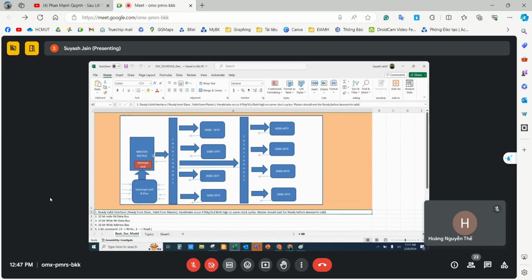We'll calculate the performance. We'll send thousands of transactions towards each slave and see how much ready-valid handshake is happening. We'll change the frequency. This interconnect is working at 2 gigahertz, this at 500 megahertz, and this at 1 gigahertz. So ultimately this is slow, right? And we will continuously send transactions and check how we are handling that.